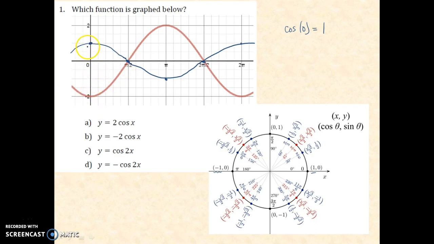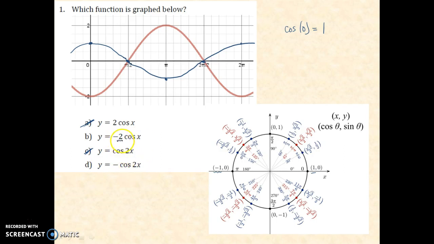First thing I notice is that the red curve is reflected across the x-axis, which means we need to have a negative in front of the cosine. So that tells me it's not going to be A and it's not going to be C. It's either negative 2 cosine x or it's negative cosine of 2x.